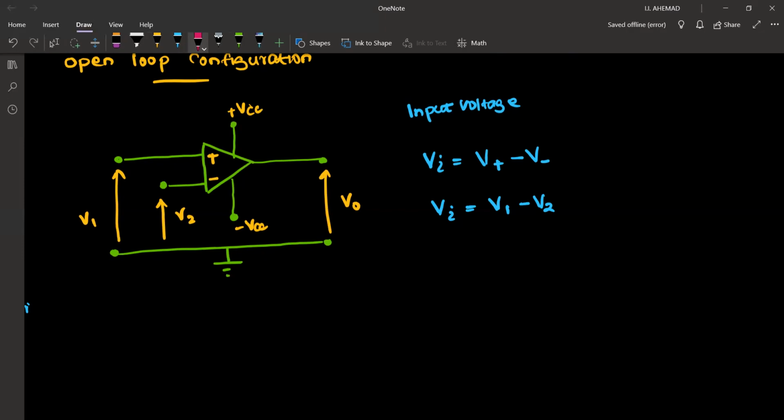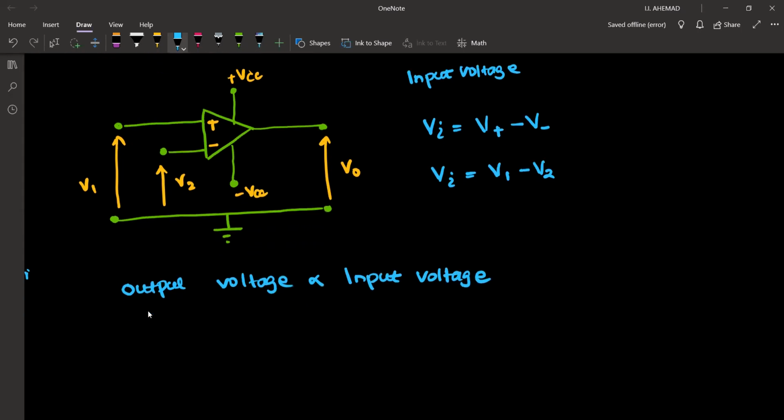The output voltage is proportional to the input voltage. For output voltage, let us use V naught, proportional to Vi.